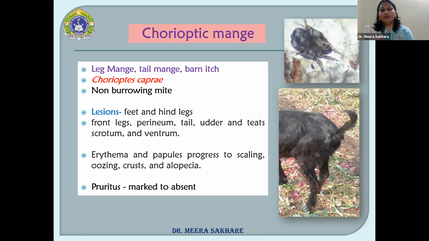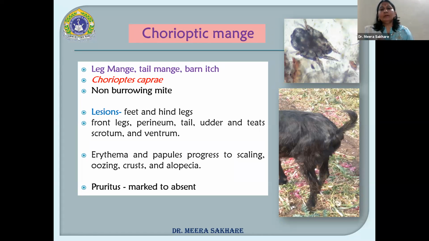Most cases of this mange are frequently found in the winter season, because multiplication of this mite requires low temperature. In cold weather, these mites have rapid multiplication. In low temperature, we can observe better multiplication of the mite.